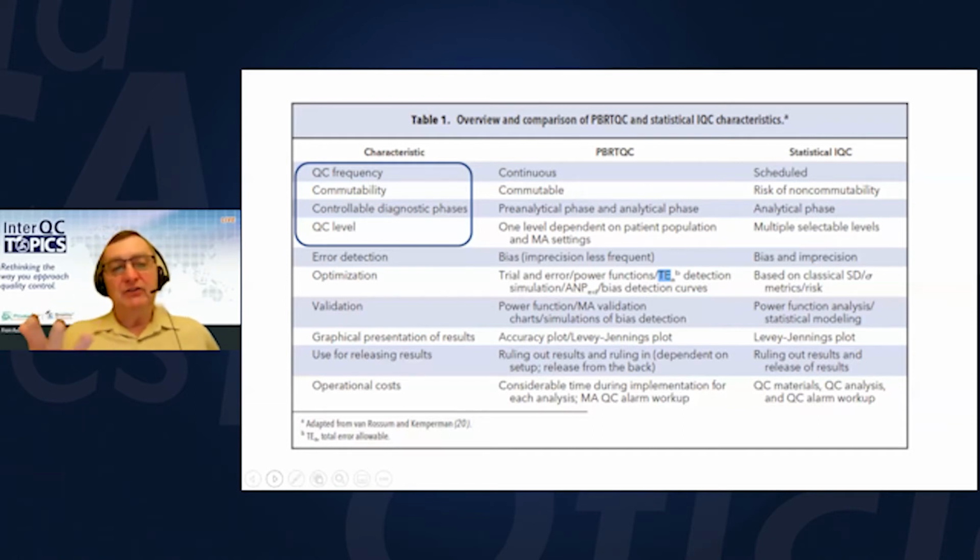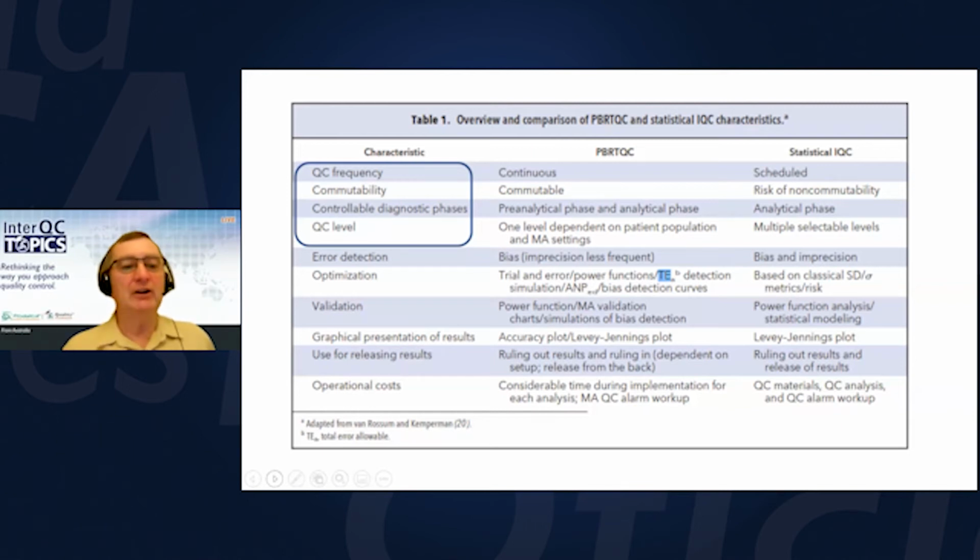Now this table just compares patient-based real-time QC with conventional QC or statistical QC, and there are lots of different things that are different, but really the main thing is the frequency. With patient-based real-time QC, you're basically measuring and adding to your algorithm with nearly every patient result, rather than waiting for the next synthetic quality control sample, which might happen at the end of the day or at the end of the shift or whatever.